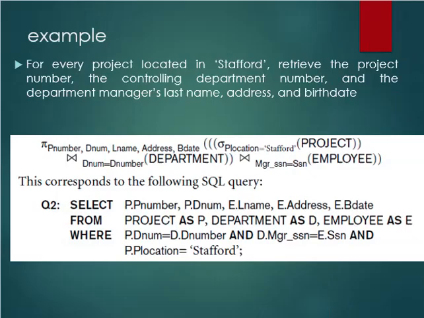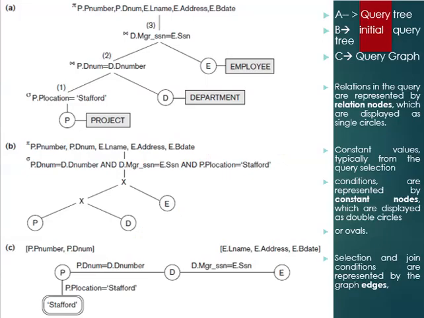Here you can see the select condition is given, and it is at the next higher level. You have to do the select operation, and the selection condition will be given. It also contains the joining condition, and after that operation we have to do the project operation. So project contains the required attributes.